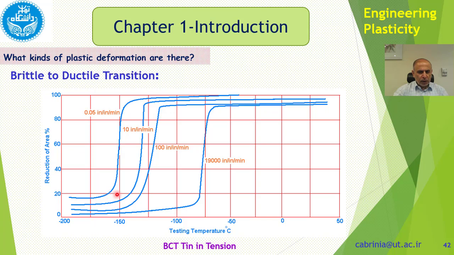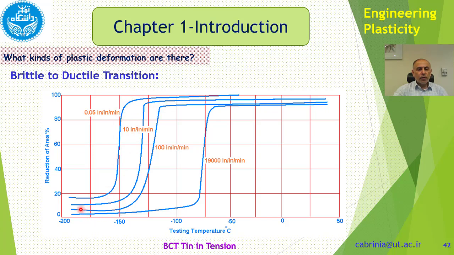But if we increase the temperature, say to 150, we get about 60, and a bit more, about 80%. At 155, we get about 90%. So in a very short range of temperature, about 20 to 30 to 40 degrees, around 150, we have a lot of change, a transition from brittle to ductile.